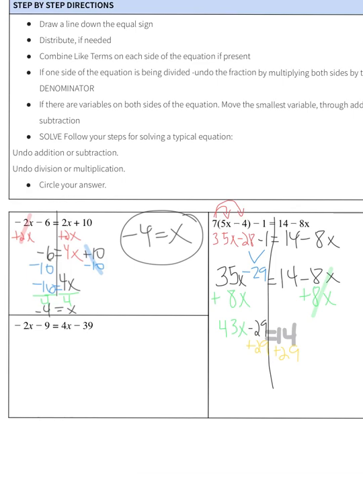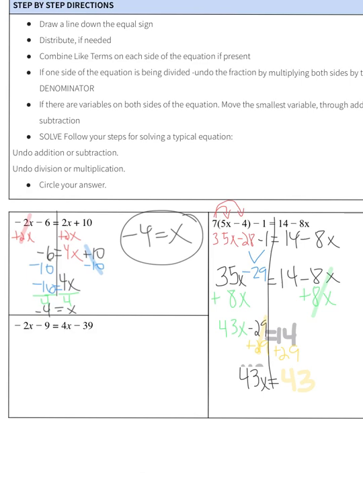Negative 29 plus positive 29 is equal to 0, so this is gone. And I'm simply left with 43x on this side, and that is equal to 14 plus 29, and 14 plus 29 is also equal to 43. So right now I have 43x is equal to 43.